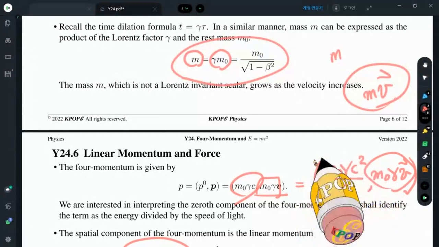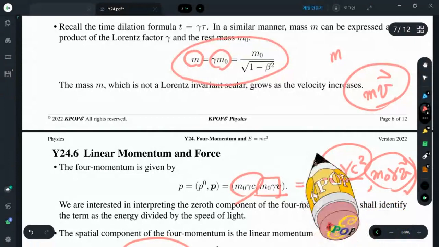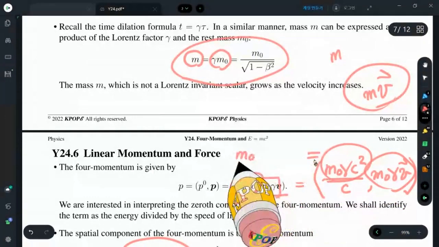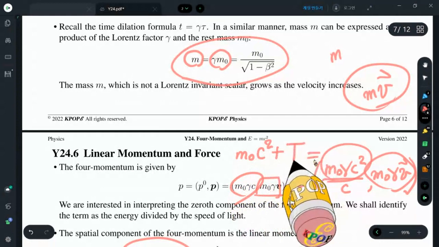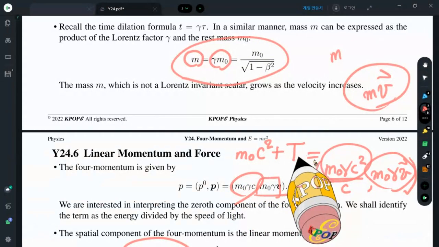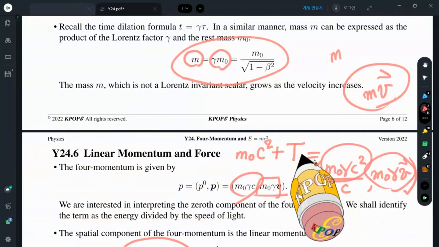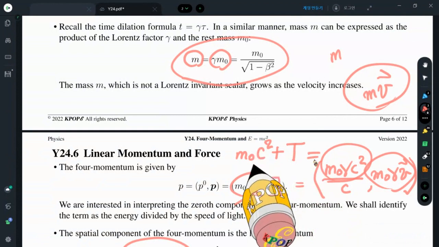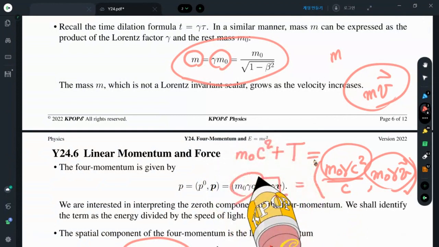Here, this is the energy of a particle, that is, the sum of rest energy plus kinetic energy. Even if a particle is not moving at all, Newton's theory does not have any intrinsic energy of a particle.